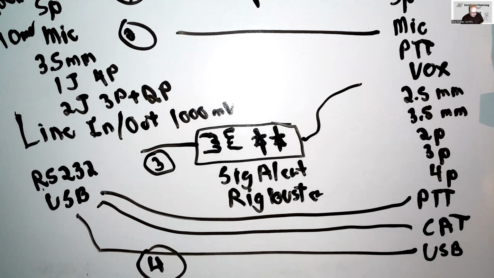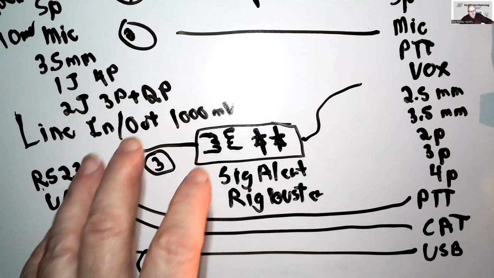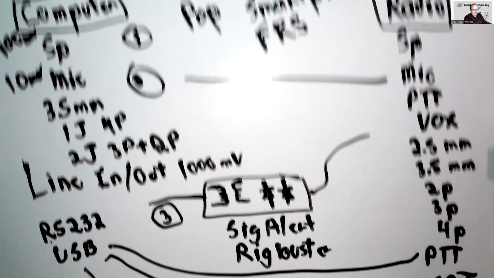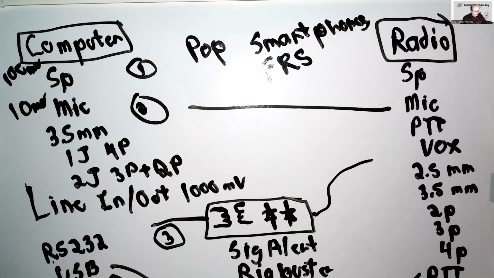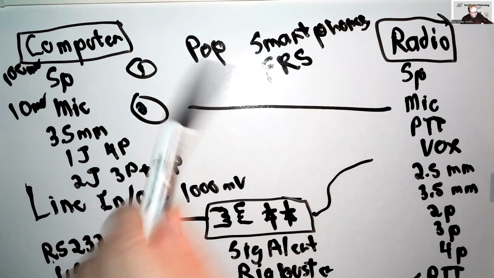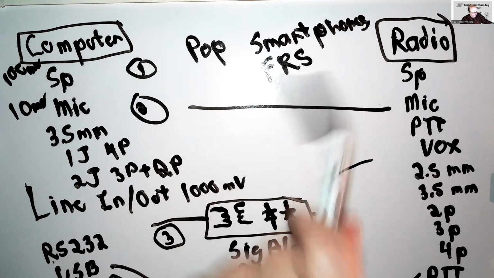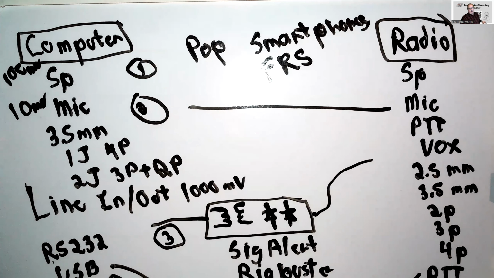So that's the various things about interfacing, and sometimes it works very well, sometimes it doesn't work. That's why people are trying to go back to the simpler method of using the speakers and using some sort of app on the smartphone. Because it's a lot easier and you can do that in an emergency.